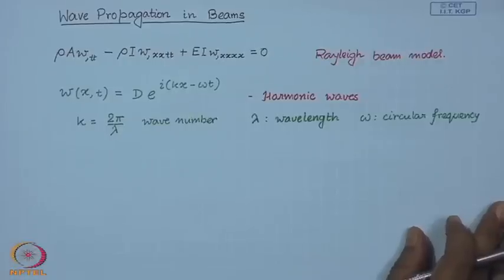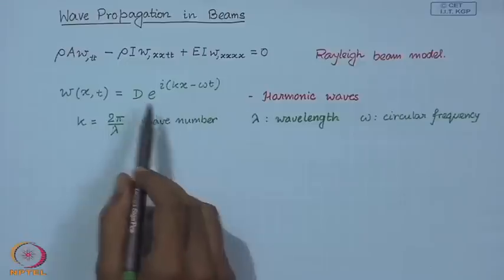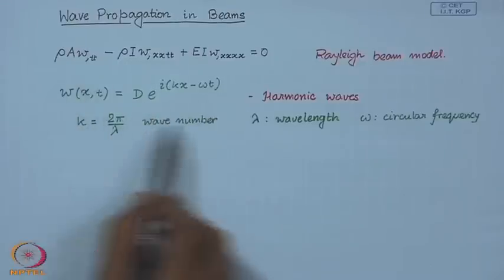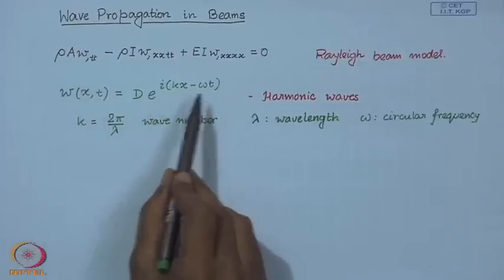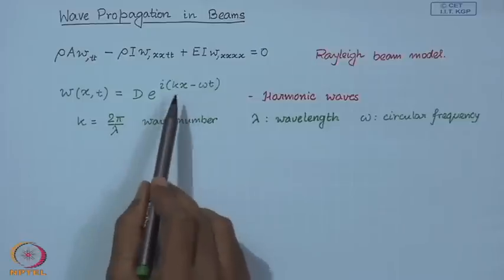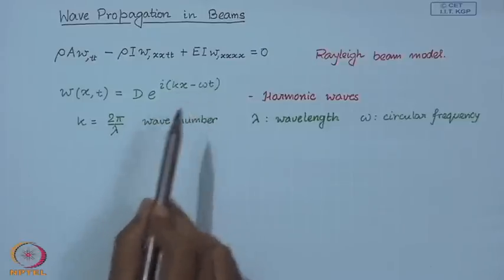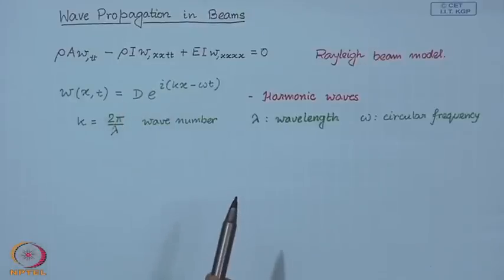Now, we have discussed previously that this is the form of harmonic waves. So, it has got two parameters k and omega and the amplitude d.